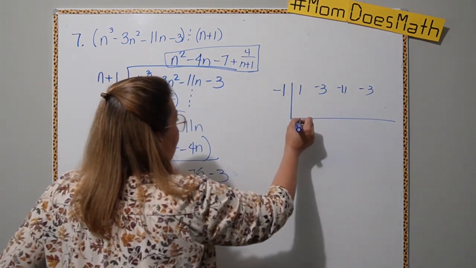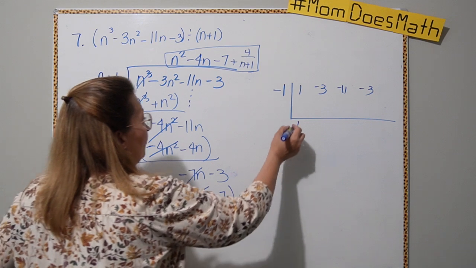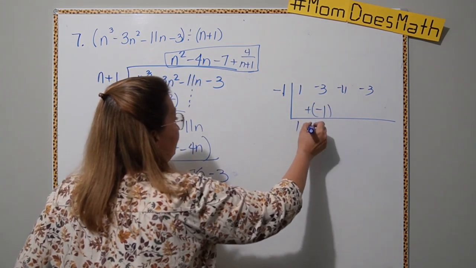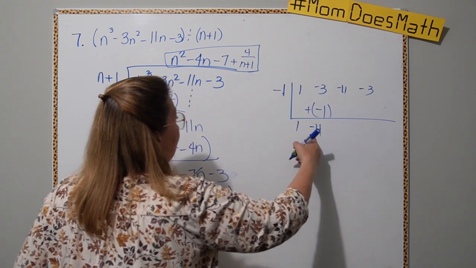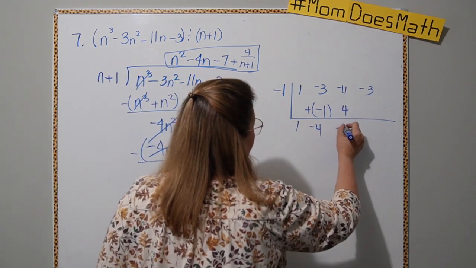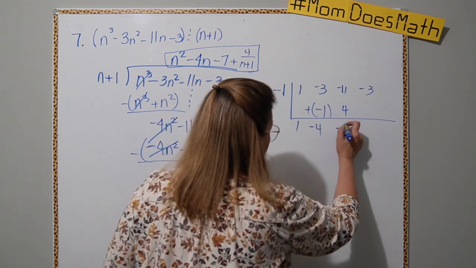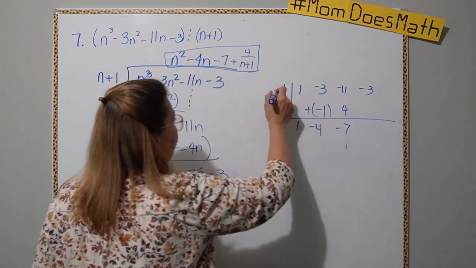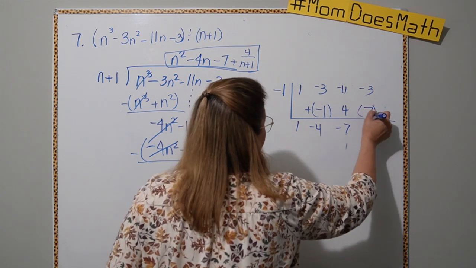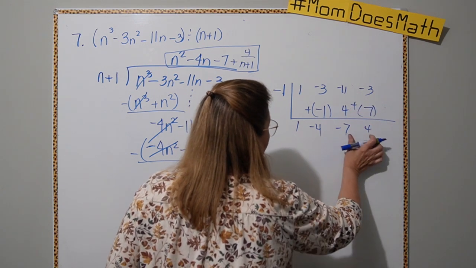So I'm going to drop the first one down. 1 times negative 1 is negative 1, and then you add, so you get negative 4. Negative 4 times negative 1 is positive 4, and then you add, so you get negative 7. Negative 7 times negative 1 is positive 7, and then you add, so that's going to give you positive 4.